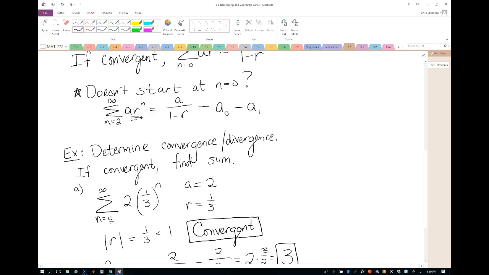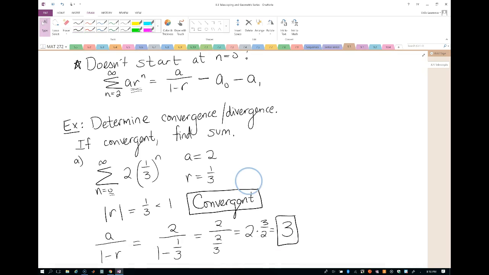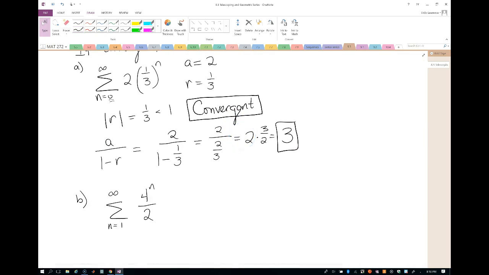We want our coefficient to be a factor written in front of the exponential piece. So dividing by 2 is exactly the same as multiplying by 1/2. So the rewritten series means the exact same thing, but it's now in a format that we recognize.